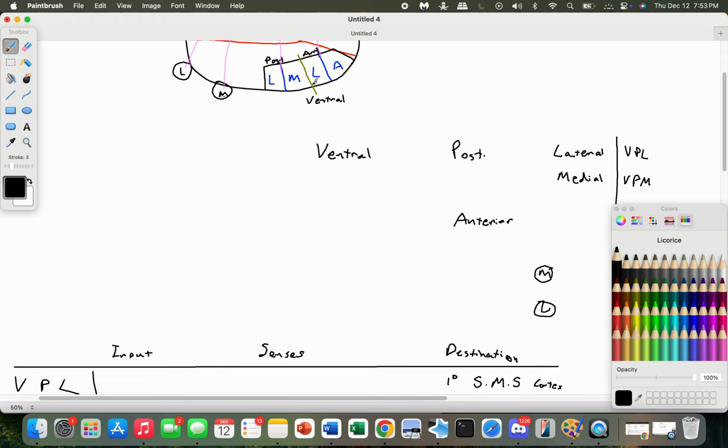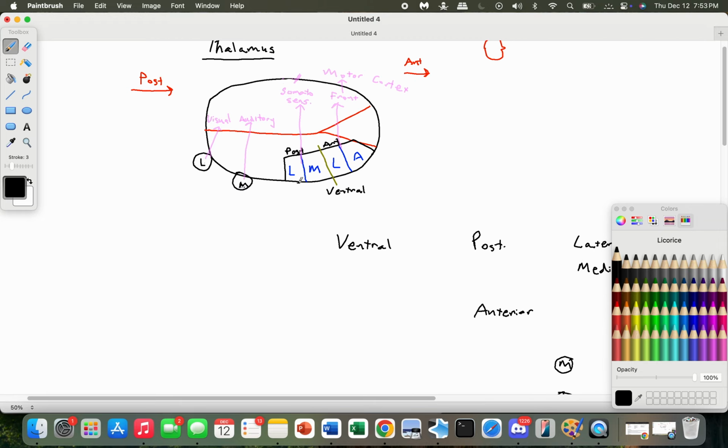How do you know that? Well, if all of these two nuclei are going to your primary somatosensory cortex, well, what are the inputs? Well, that would be your spinothalamic tract and also your DCML, or dorsal column medial lemniscus.